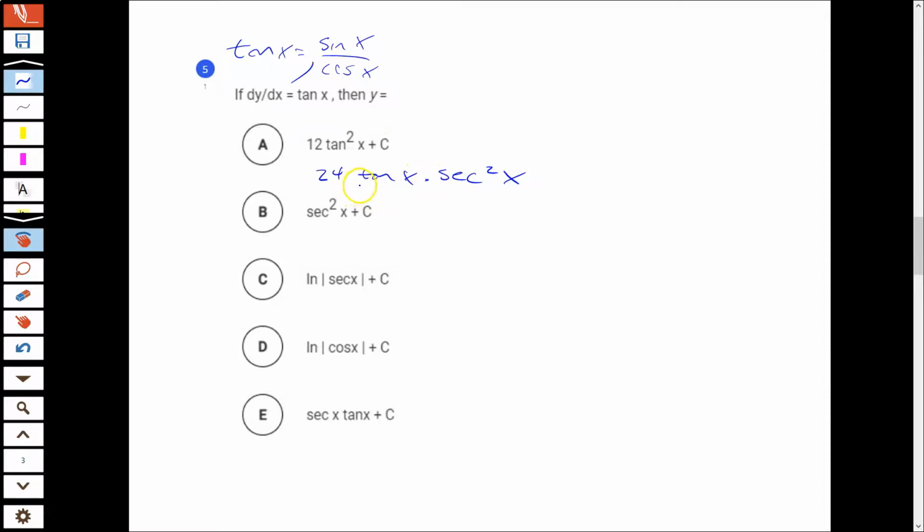And this doesn't seem to get us close, right? We'll come back to that one if we need to, but this seems to be not even close to tangent of x to me. Secant squared of x, so we'll do 2 secant of x, and then chain rule times the derivative of secant, which is secant x tangent x.